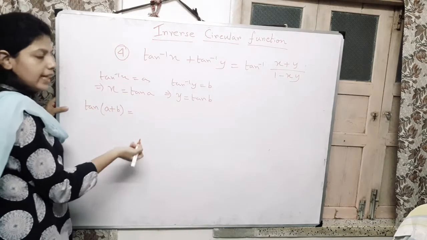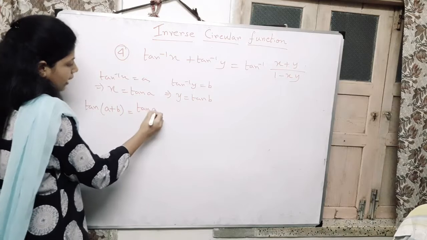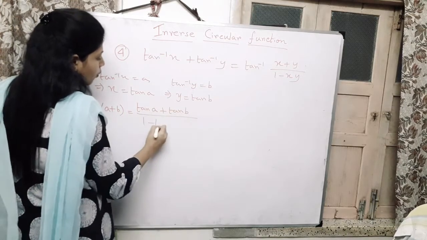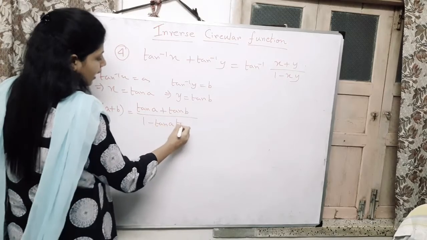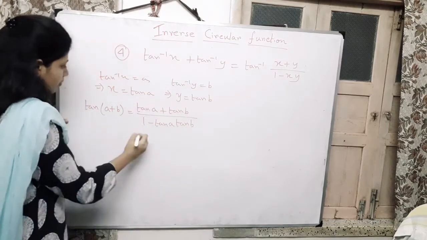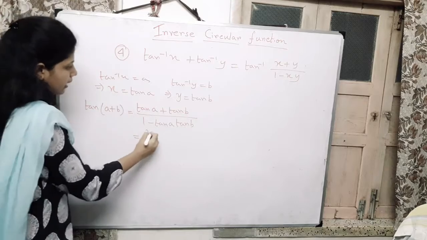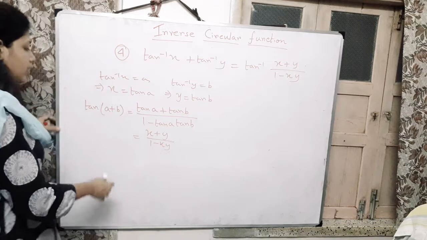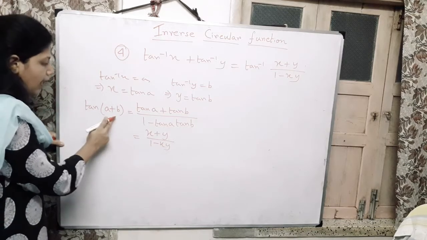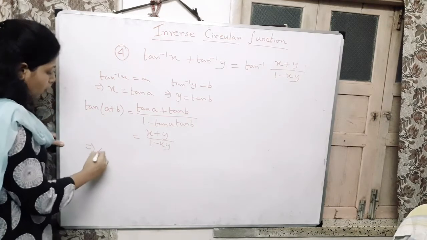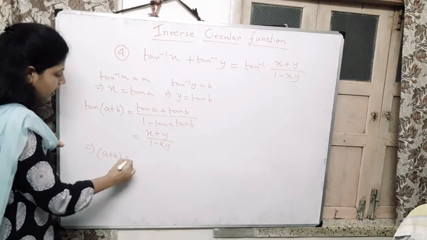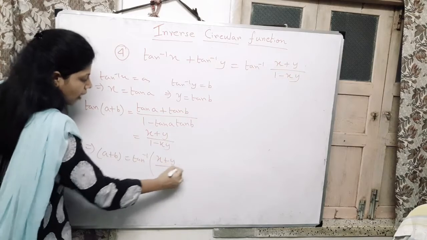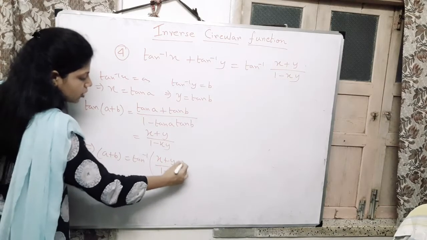Now I will write here tan of a plus b. What is the formula of tan of a plus b? Tan a plus tan b by 1 minus tan a tan b. Replace the values. This one is x plus y by 1 minus xy. Now tan of a plus b equals this one. So we can write a plus b equals tan inverse of x plus y by 1 minus xy.